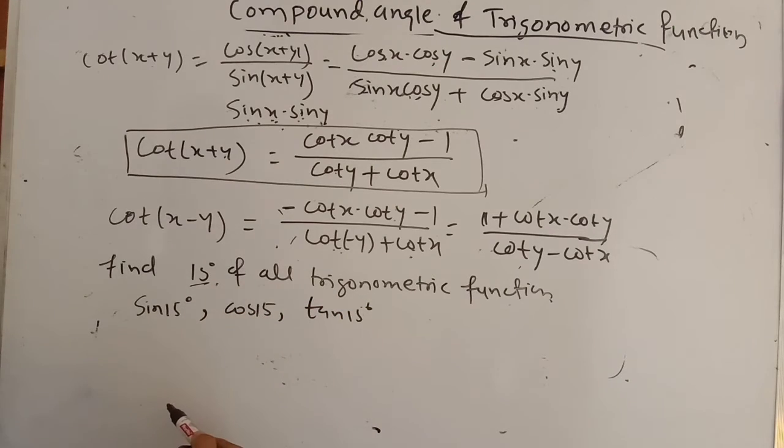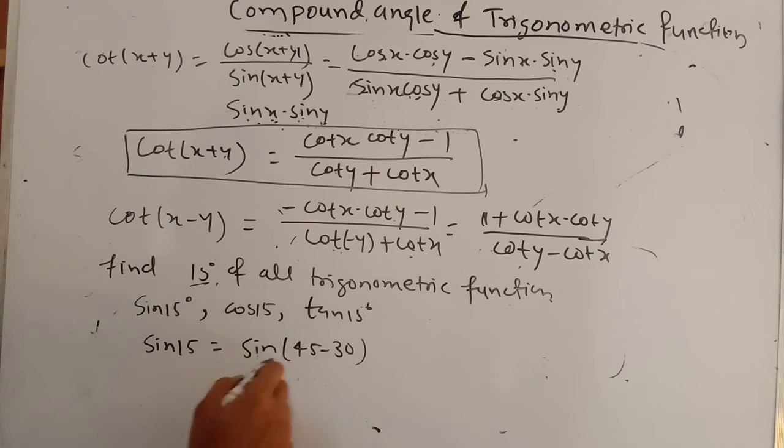So how? With the use of compound angle, we know that for sine 15, we can break it as sine 45 minus 30. So this is the word in compound form of trigonometric function.